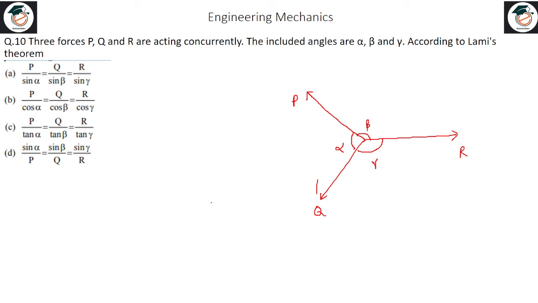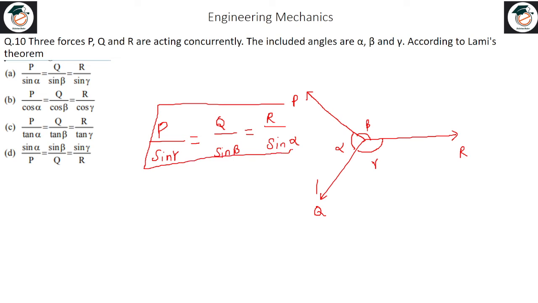So according to Lami's theorem, P divided by sine gamma equals Q divided by sine beta equals R divided by sine alpha.